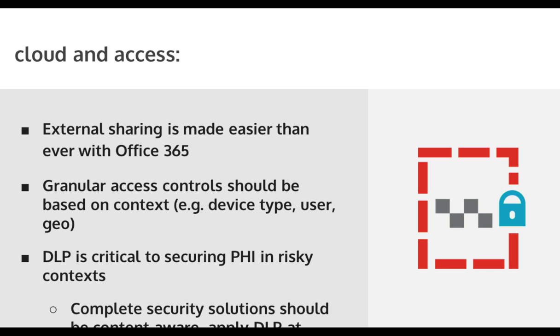But then the risk is obviously there, because you are worried about people accidentally sharing things externally which they're not supposed to share, again causing HIPAA violations or things like that in your environment.